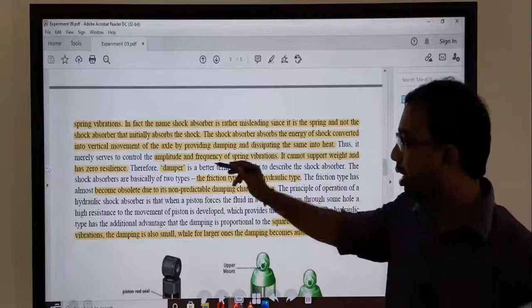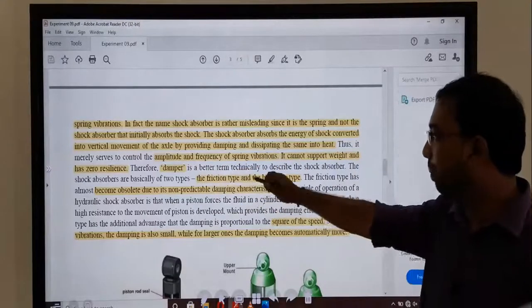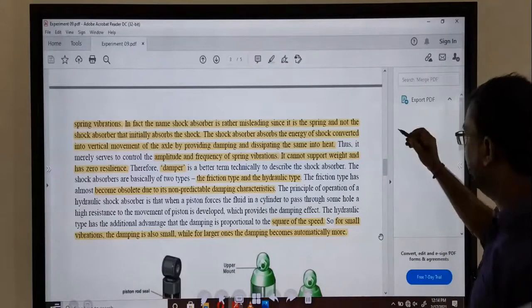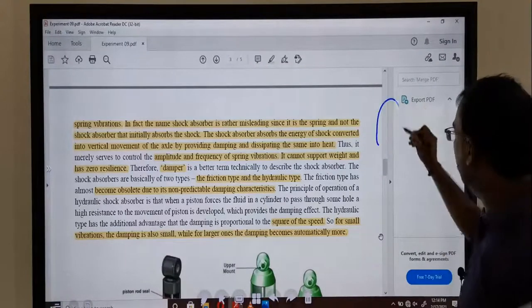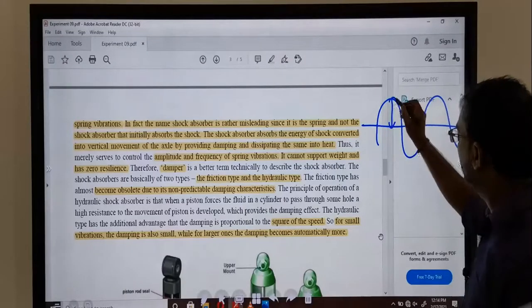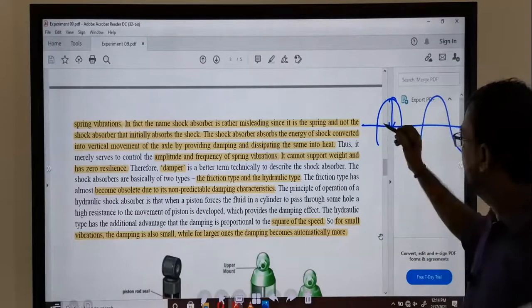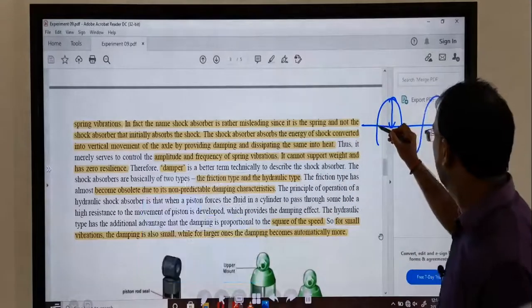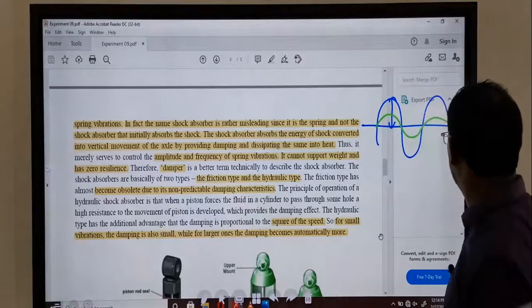It merely serves to control the amplitude and frequency of the spring variations. The amplitude means this type of amplitude. By the shock absorber we can reduce the amplitude like this.